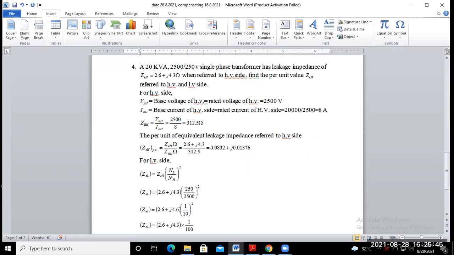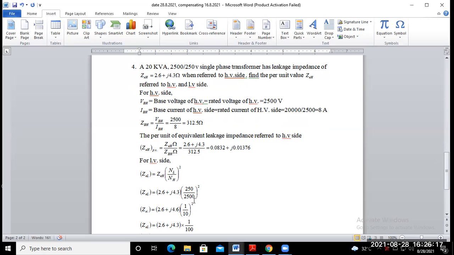If you multiply ZEH by this, you will get the equivalent value along the low voltage side. So we put it in this formula: ZEL equal to 2.6 plus j4.3, that means 250 divided by 2,500, whole square.